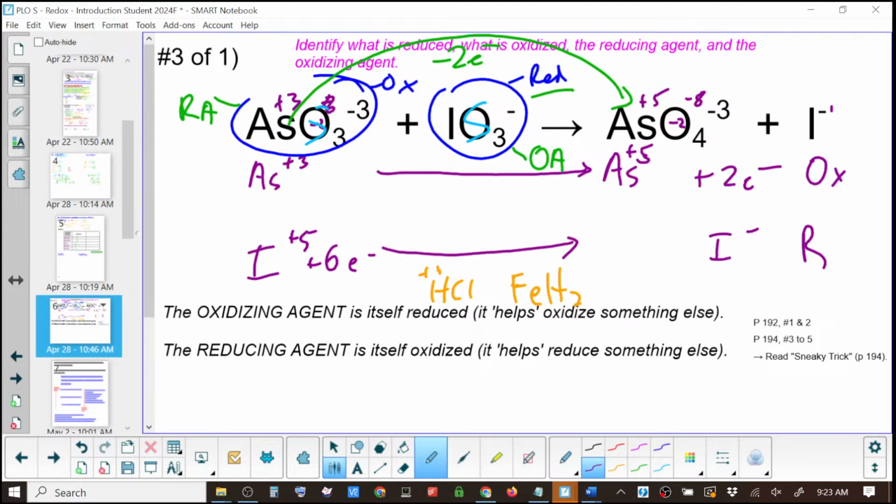And that iodine, when you work that out, is +5 to -1, so that had to gain electrons. So this one was reduced. This one was oxidized, which means this one's the reducing agent and that one's the oxidizing agent.